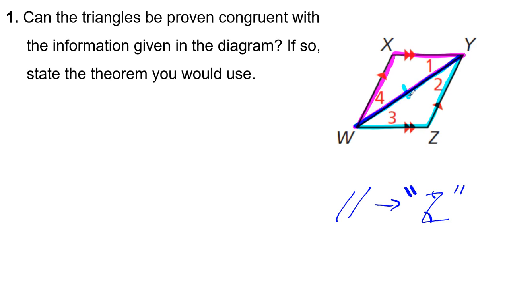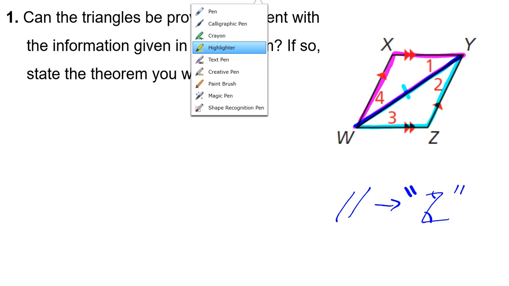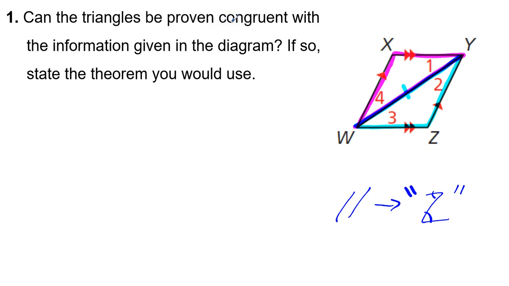Now let's look and see if we have some angles congruent. Let's look for that Z pattern. Well, I can see it right here with angle 1 and angle 3 because those lines are parallel. So we've got these two angles congruent. Now, what about 4 and 2?